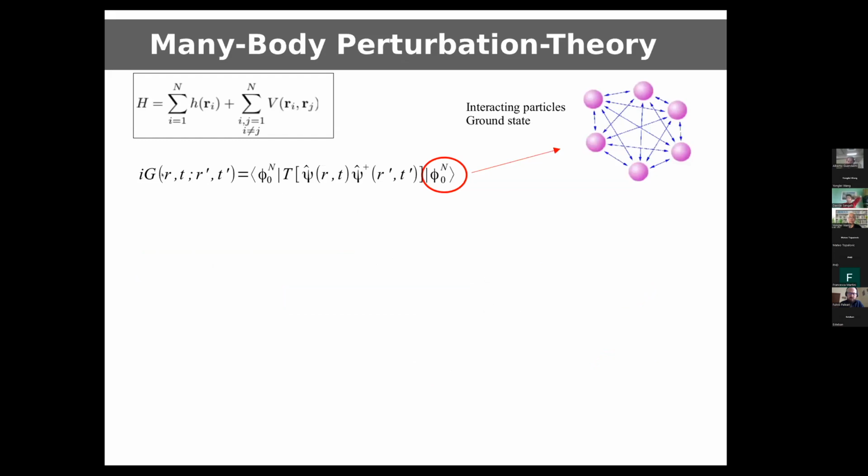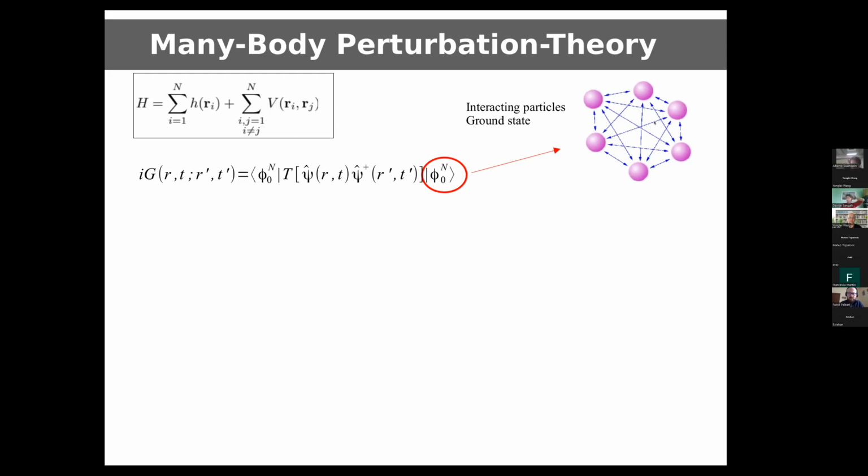So this is all nice, but of course we need a way to compute the many-body Green function and the poles of the Green function. So the many-body Green function, as I said, is the expectation value on the many-body system, so the N-particle electronic system, which is sketched here, where you have a number of electrons which are all interacting among themselves.